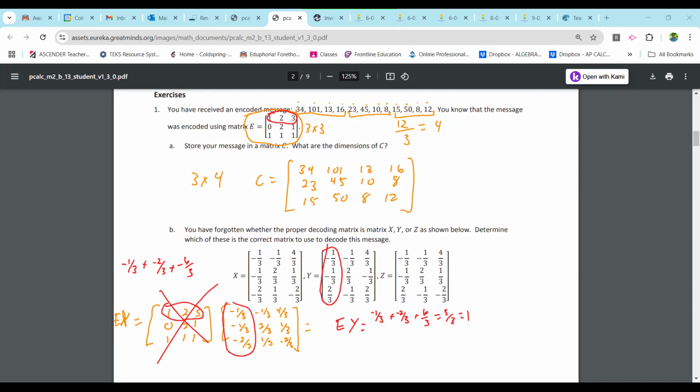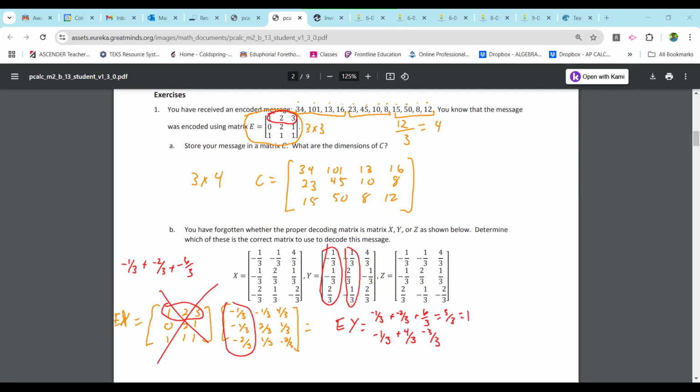So now I'm going to do all that times this guy. What should I be getting this time? A 0. Okay, so let's do that. That gives me negative 1/3 plus 4/3 minus 3/3. Does everyone see where I got those numbers? I just multiplied straight across.